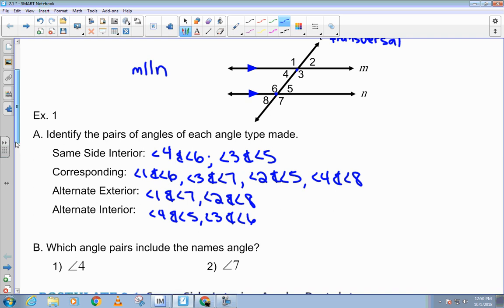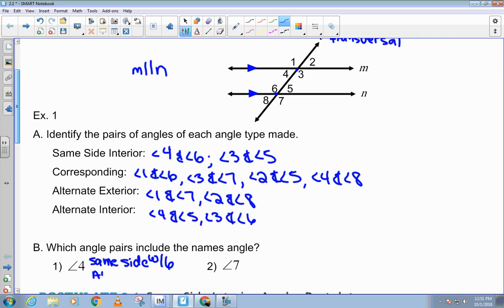So angle 4 is a pair with what? With angle 6, and what kind are they? Same side interior. So same side with 6. What else? Alternate interior with what angle? 5.